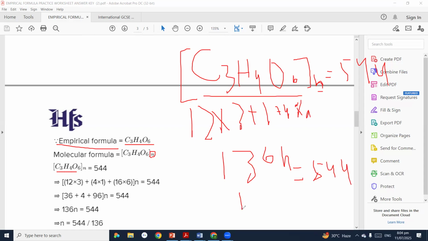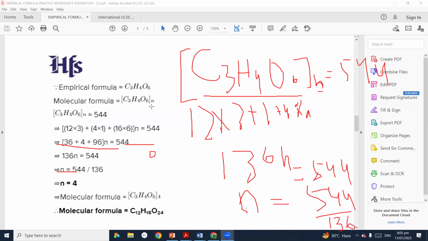If I want to calculate the value of n, it will be 554 divided by 136. So the value of n is 4.